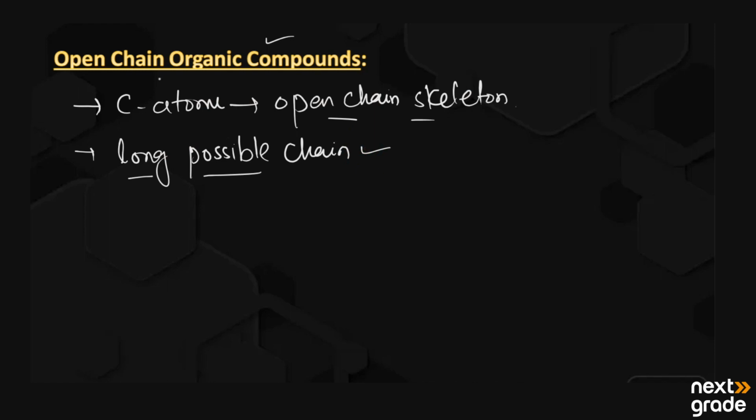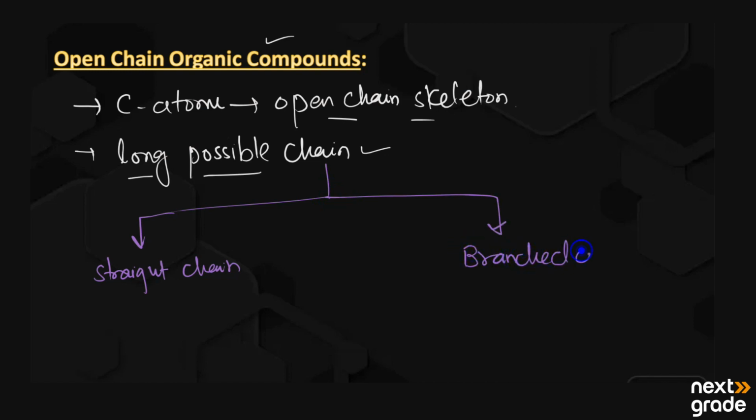Further, these open chain organic compounds have been divided into mainly two types. The first type we have is straight chain organic compounds, and the second type we have is branched chain organic compounds.